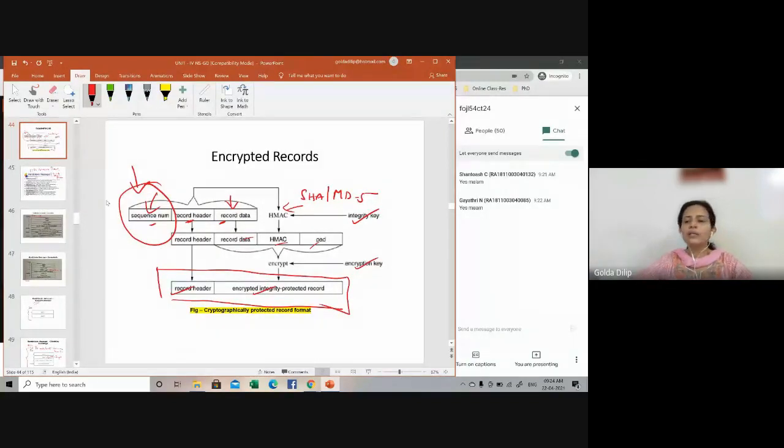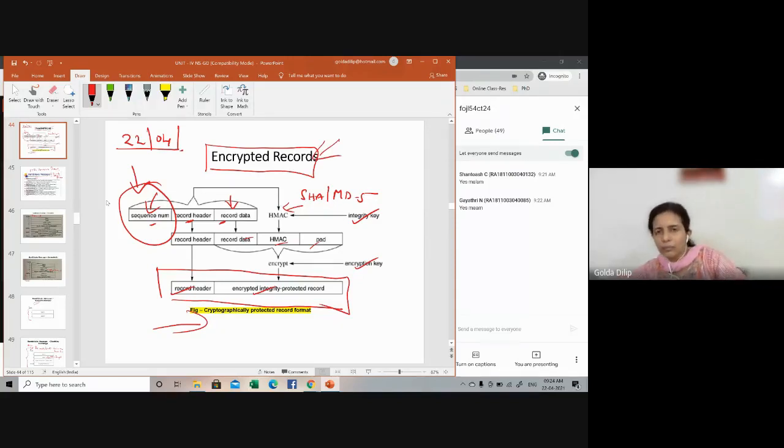This was where I started today. And I showed you this cryptographically protected record format and other things. And this was the duty of which protocol? No response. Nobody is interested to listen.